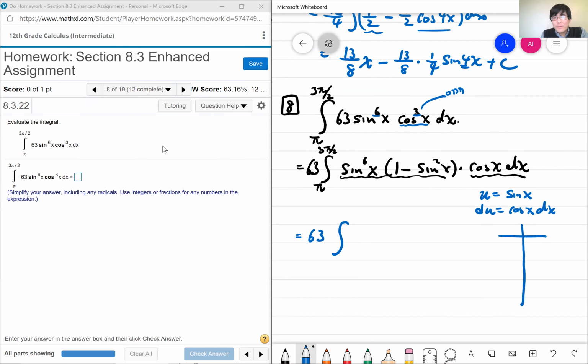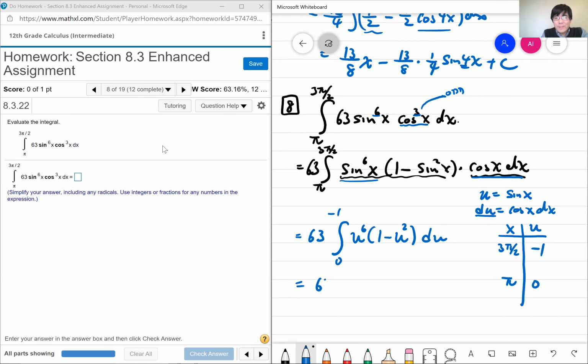So this is a definite integral. So we have to change these two numbers. So when x is pi, sine pi is 0, and sine 3 pi over 2 is -1. So 0 through -1, it's going to be u to the power of 6, 1 minus u square, and everything becomes du.